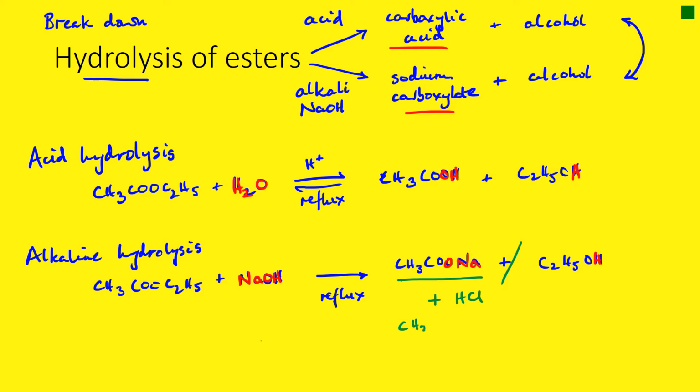So you'd have CH3COOH. And the sodium would go off with the chloride as sodium chloride, like that. So that's how you would get your acid back from that alkaline hydrolysis there.